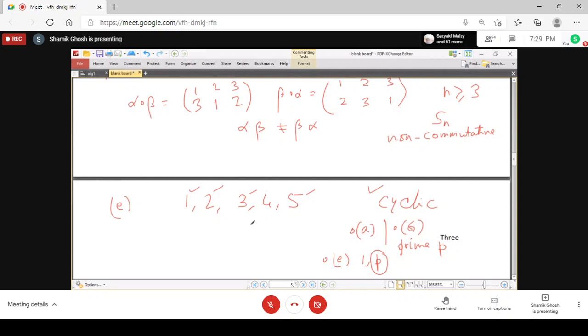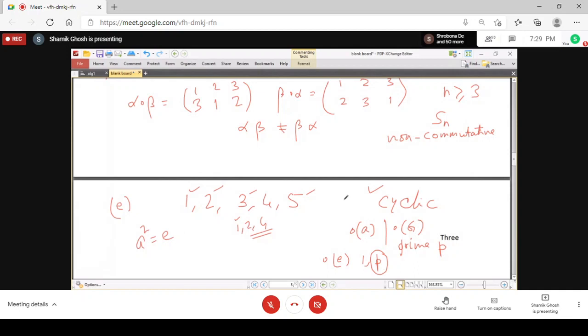Now for the group of order 4, the possible orders of the elements are 1, 2, 4, where 1 is for the identity. So possible orders are 2 and 4. Now if the order is 4, it is again cyclic and commutative. If the order of every non-identity element is 2, then every element will satisfy a square equal to identity.